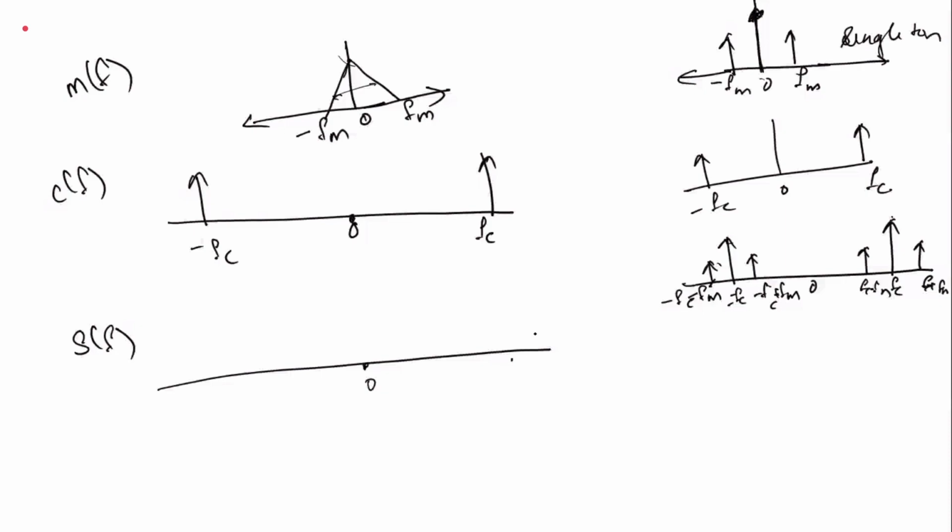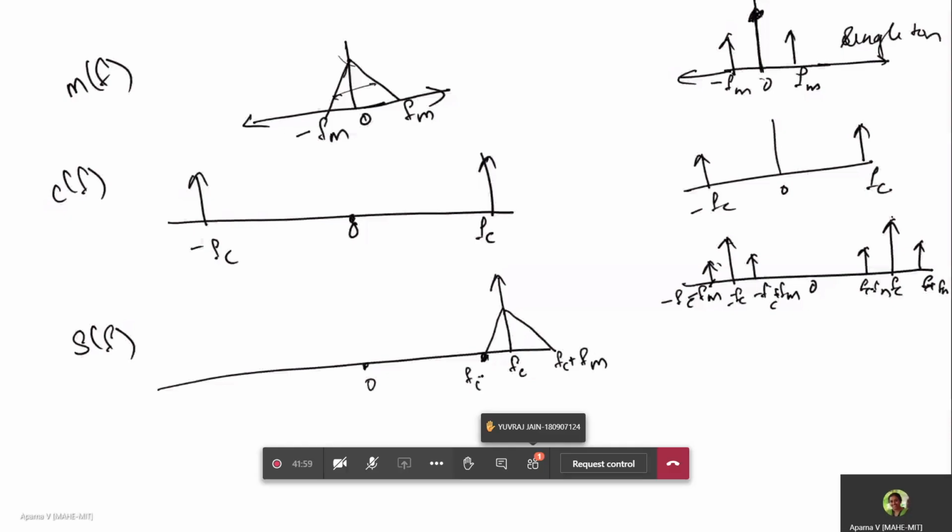So here I have an impulse at FC. See, this spectrum will be shifted to FC and minus FC. This will be my spectrum.